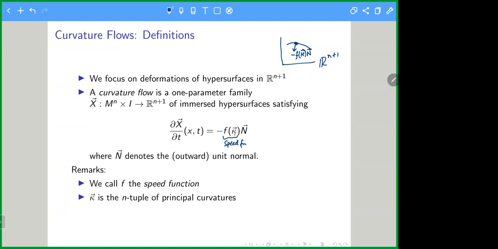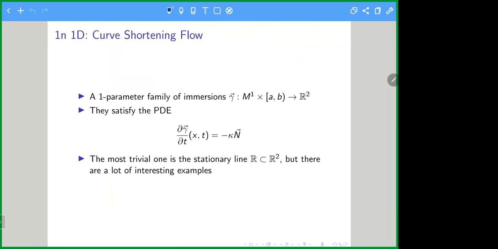N is of course the outward pointing normal, and the main example is the curve shortening flow, where you have curves in the plane, and the speed is given by minus just the curvature itself times the normal. That's the classic extrinsic flow.